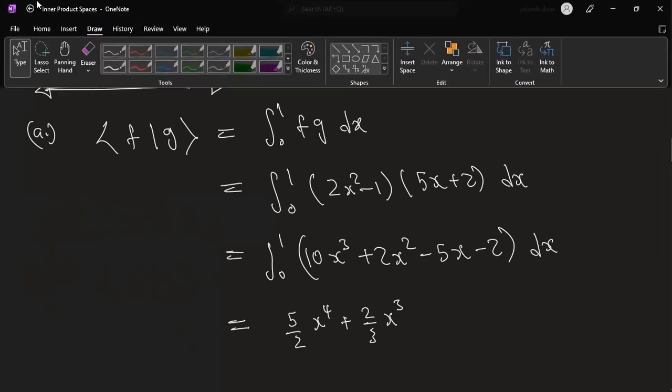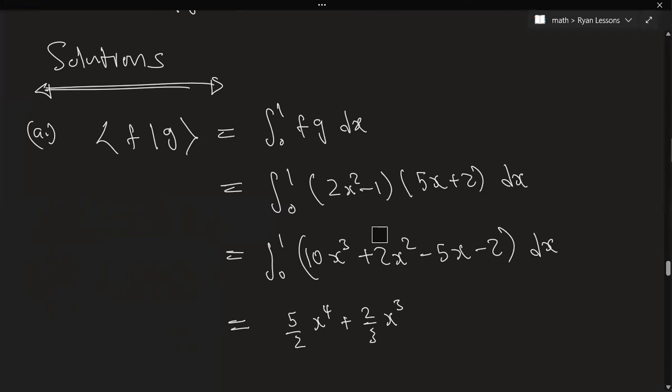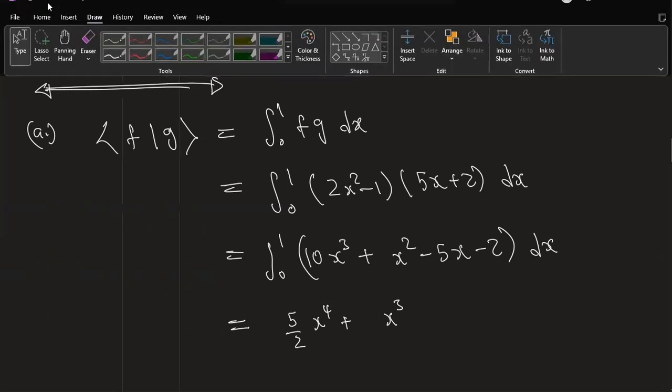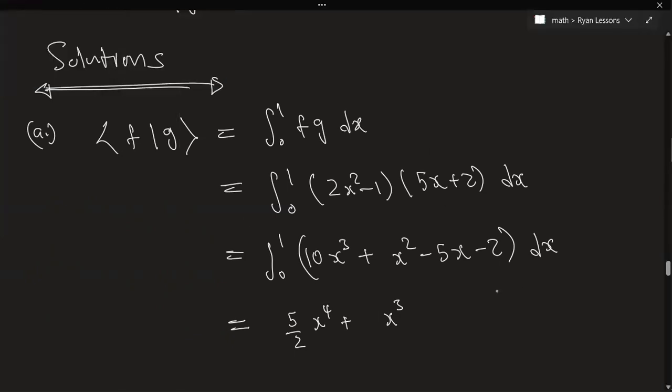I see what you mean. It's 4x squared here, so even this now becomes wrong. Thanks for that. So we increase the power and get 4 over 3 x cubed, then negative 5 over 2 x squared, then negative 2x, all evaluated from 0 to 1.